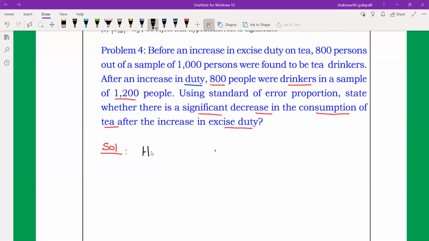First of all, H naught. H naught: P1 is equal to P2.